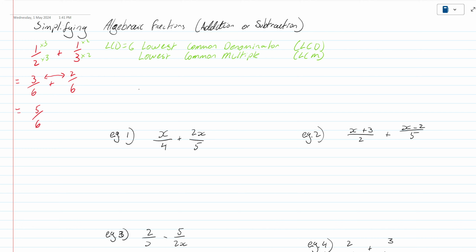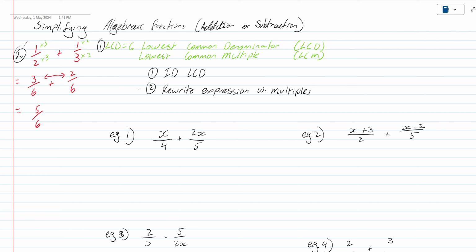So if we're going to put steps to this, step 1 would be to identify the lowest common denominator, and we did that here. Lowest common denominator equals 6. Step 2 is to rewrite the expressions or the fractions using the multiples, and we did that here.